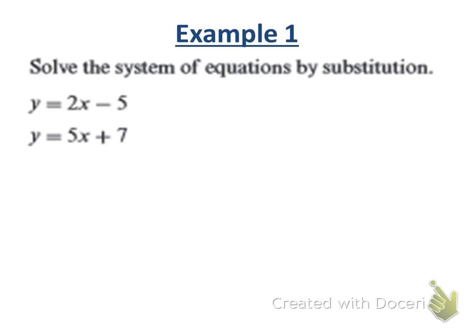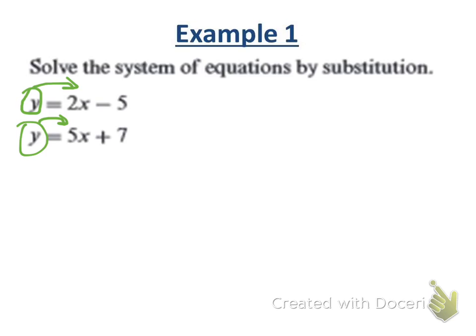So what we're looking for in an expression to solve by substitution is things that are equal. Do you see anything in these two equations that are equal to each other? They both have y in them, don't they? What is y equal to? y is equal to 2x minus 5, and y is also equal to 5x plus 7.